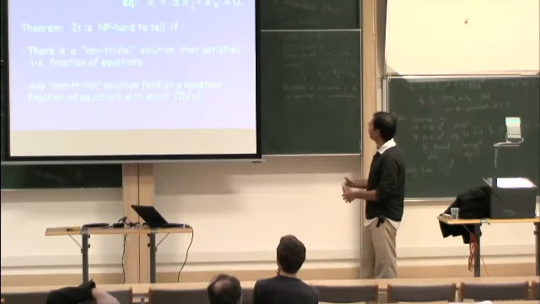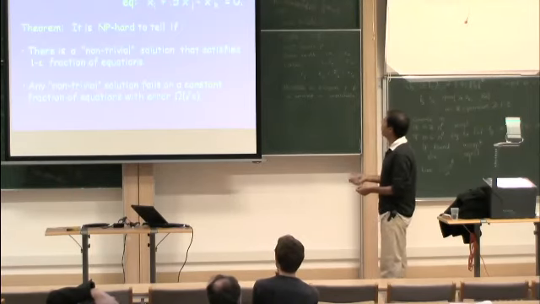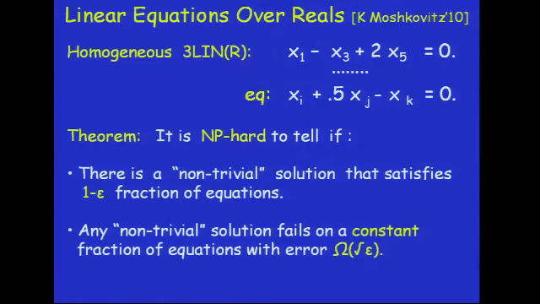And you are interested in solving this. So of course, you can assign 0 to each variable and you are done, right? But that's kind of cheating. So you are required to give me a solution which is non-trivial. I'm not going to define exactly what non-trivial is. Let's say that you must assign to at least 1% of the variables a value which is at least 0.01 in absolute value, something like this, right?